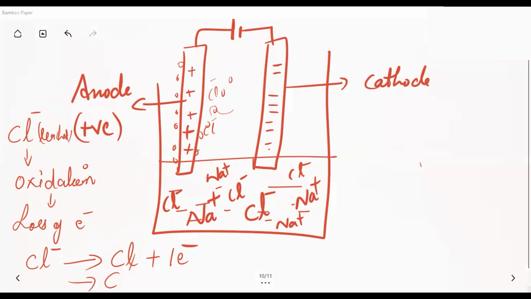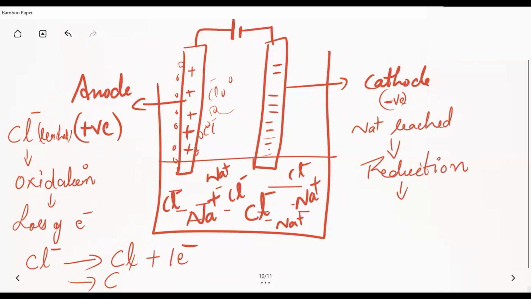The cathode has negative charge, so who will be coming to the cathode? Automatically Na plus will be coming. Na plus reached the cathode. What reaction is taking place at the cathode? Anode is oxidation, so cathode is reduction. Reduction will take place at the cathode. And what is reduction?